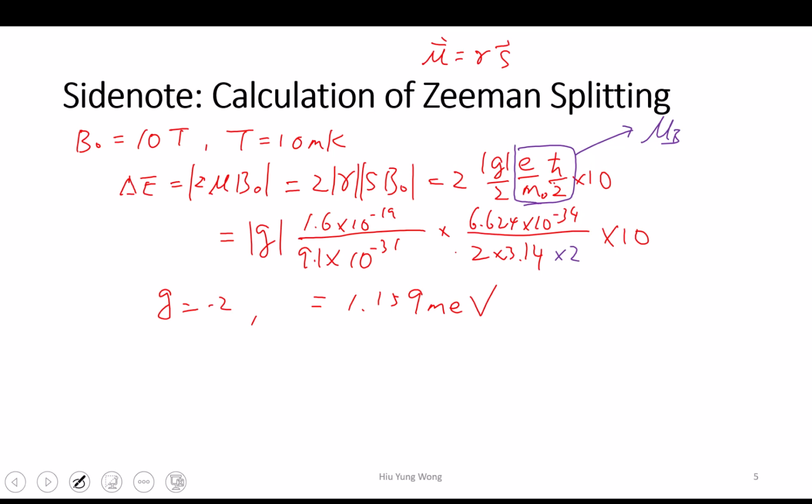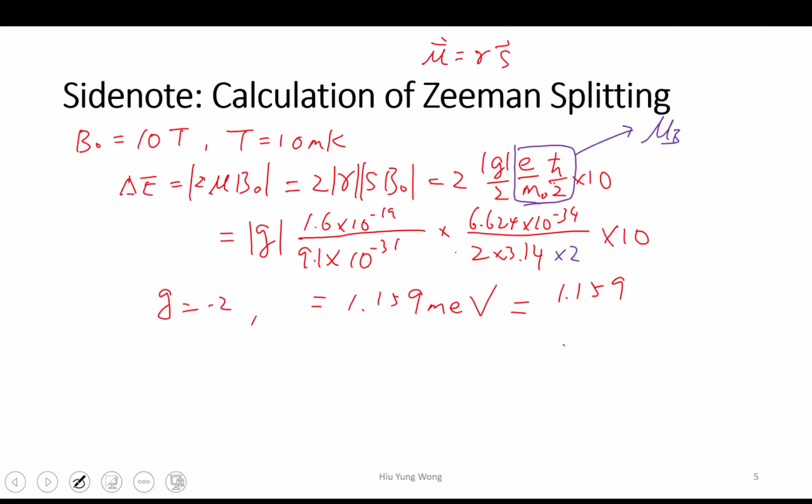So meV is actually an energy unit. In order to get the unit in joules, you need to multiply by 1.6 times 10 to the power negative 19. But we always use the meV.